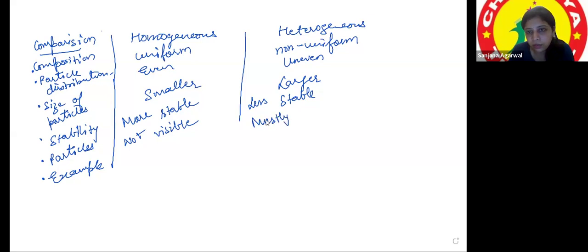Suppose you mix chalk into water; after leaving it undisturbed for some time, you'll notice that the chalk particles will settle down. Such types of mixtures are called heterogeneous.